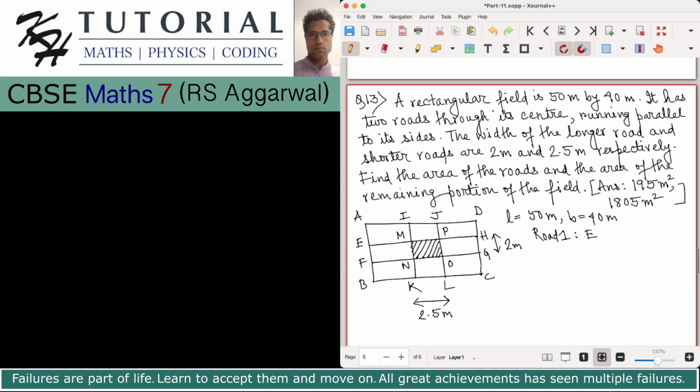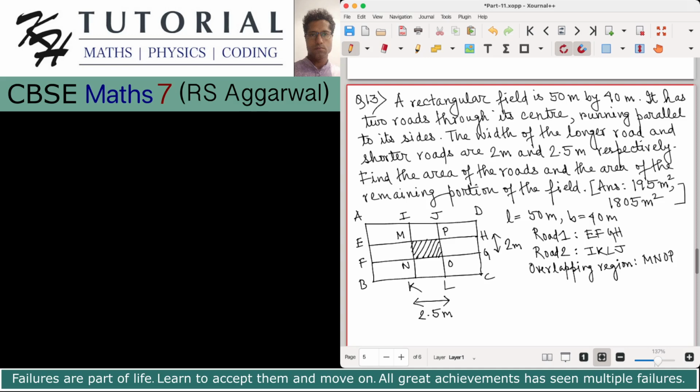So this is the rectangle EFGH. Let road 2 be the other road, that is IKLJ. So the common area or the overlapping region is the rectangle MNOP.